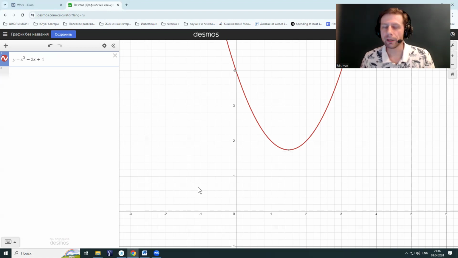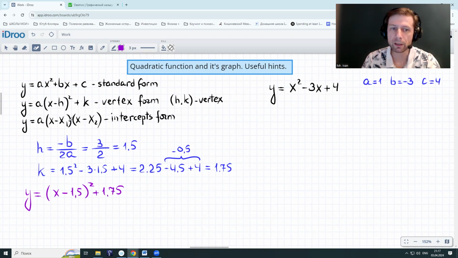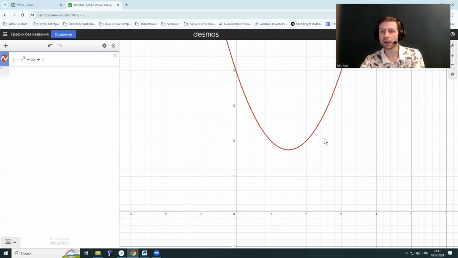Okay, this example illustrates that the intercepts form is not always the case, because if we use the intercepts form, we need the intercepts with the x-axis, but there would be none, since, as we see, this graph doesn't cross the x-axis at all.